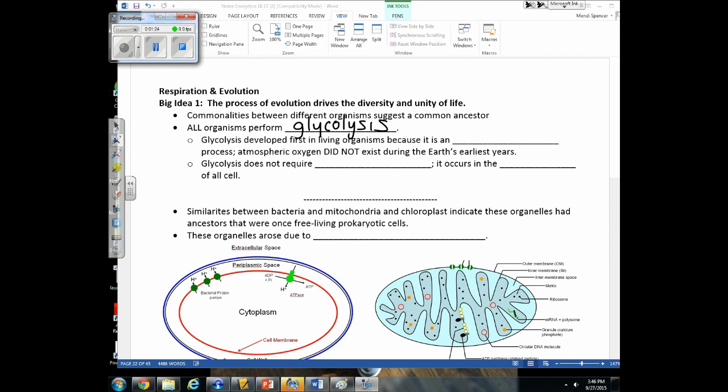Something that we know is that atmospheric oxygen did not exist early in the Earth's development. And so this fits with glycolysis because glycolysis is a process that does not utilize oxygen. It is an anaerobic process.